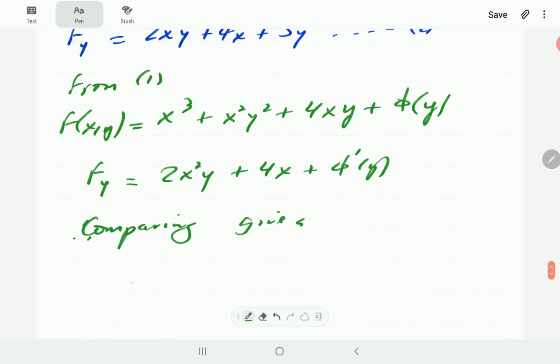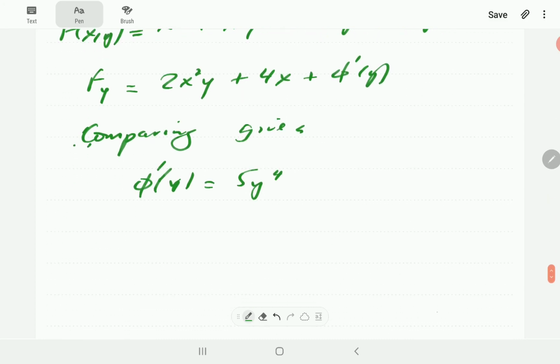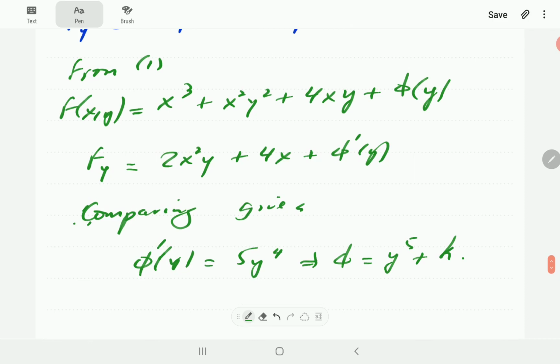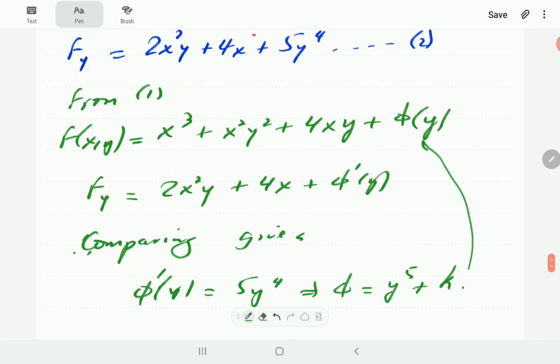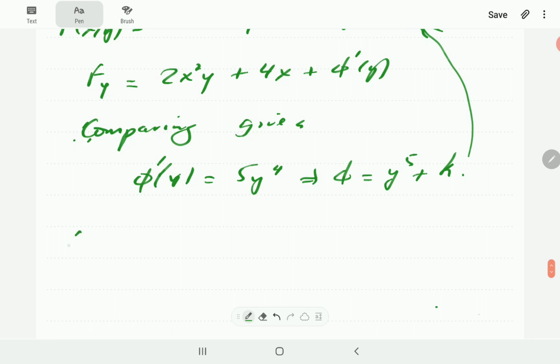gives, so phi prime must be equal to 5y to the power of 4, which tells us that phi is y to the power of 5 if we integrate, plus a constant. Then we take this and plug it back there, equate it to 0, and that's our solution.